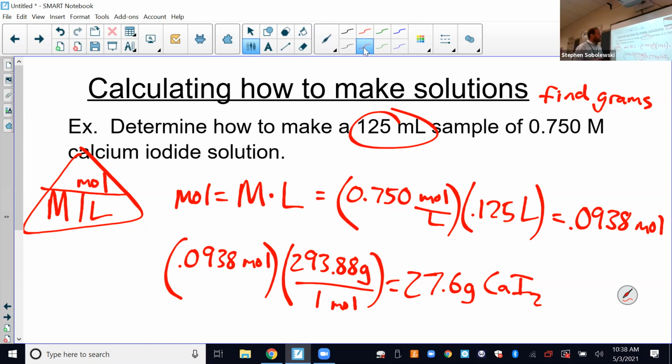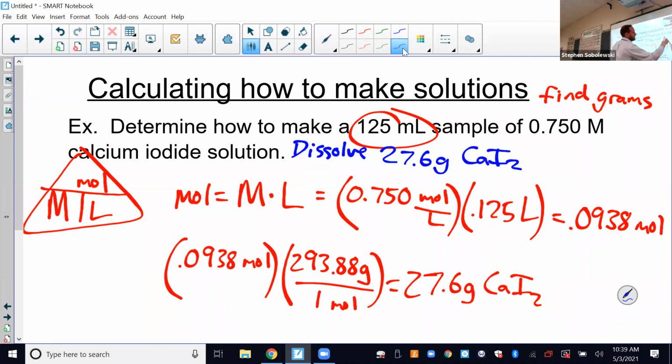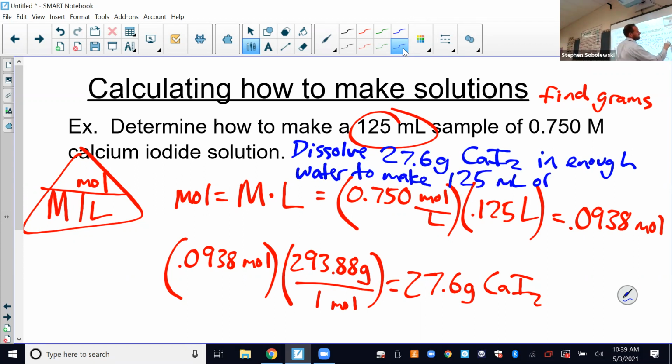Okay. Now, just putting this as the answer, it's not really answering the question. It says determine how to make a 125 milliliter sample. So your answer would be putting this in sentence form. It would be: dissolve 27.6 grams of CaI2 in enough water to make 125 milliliters of solution.